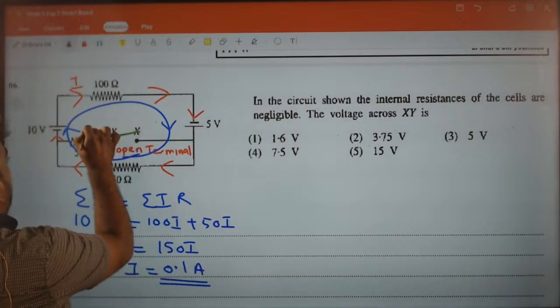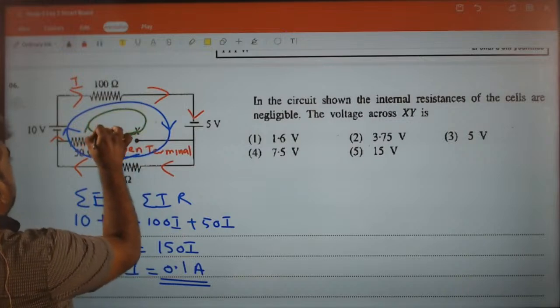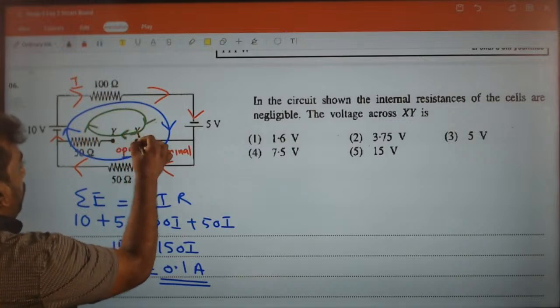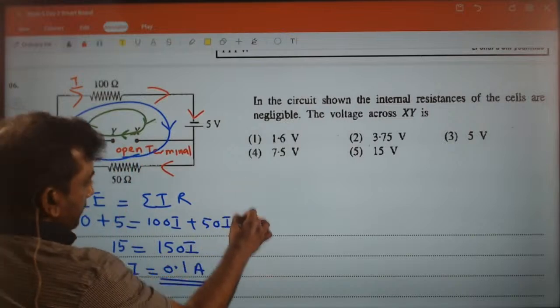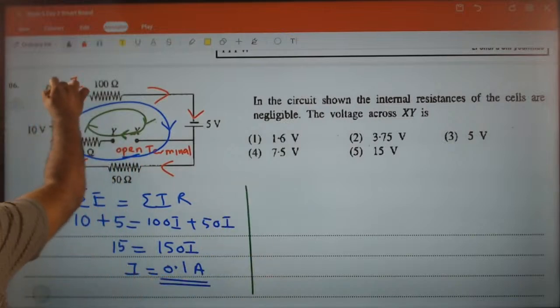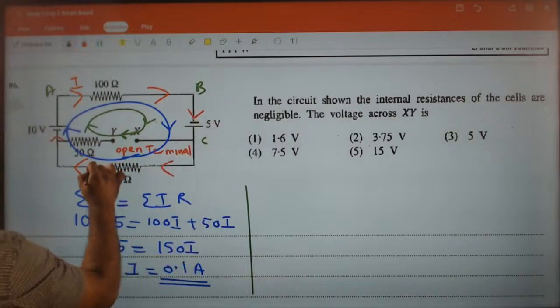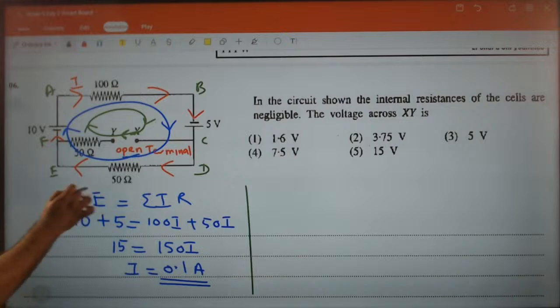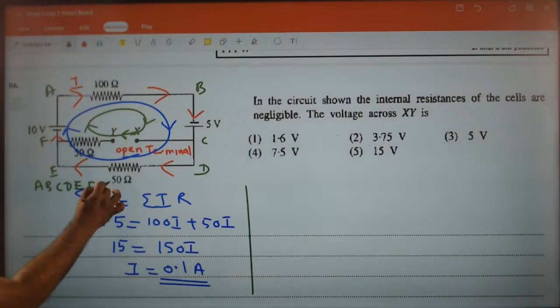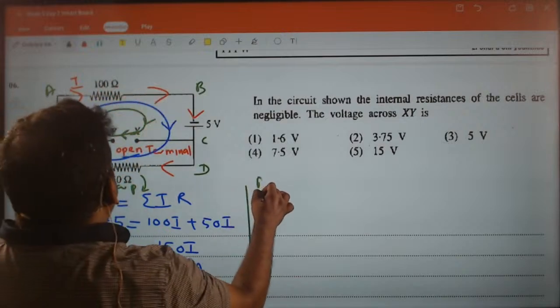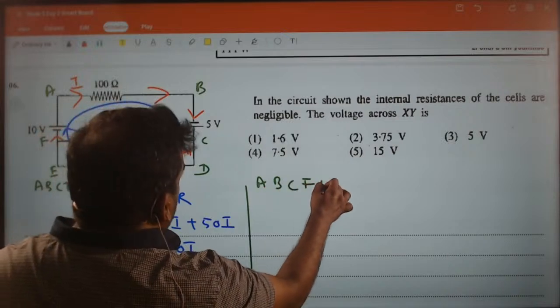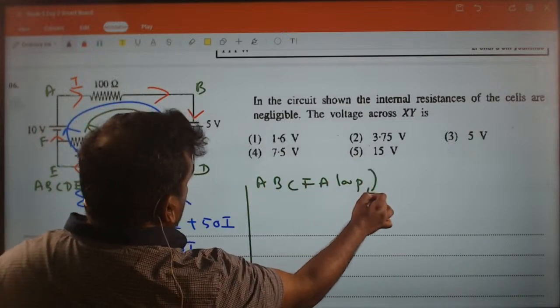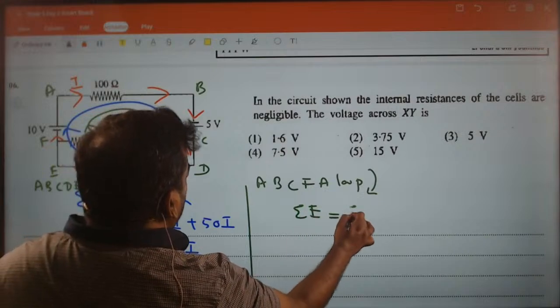This smaller loop, the arrow is going from X to Y. If you want, name this A, B, C, D, E, F, A. Now I am applying the smaller loop here, A, B, C, F, A loop. Sum of EMF equals sum of potential differences.